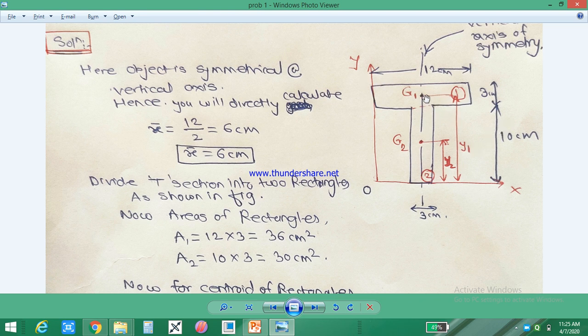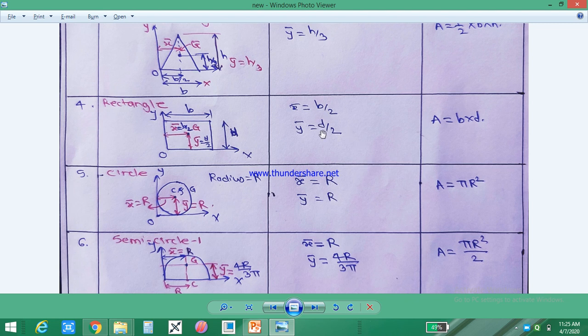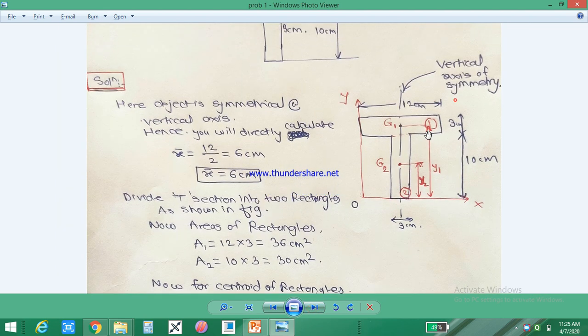In the formula, suppose this is distance d, then d by 2 will be 3 by 2 here. But what is our y1? It is the distance from the x-axis, so we have to add the distance of 10 centimeters to this 3 by 2.